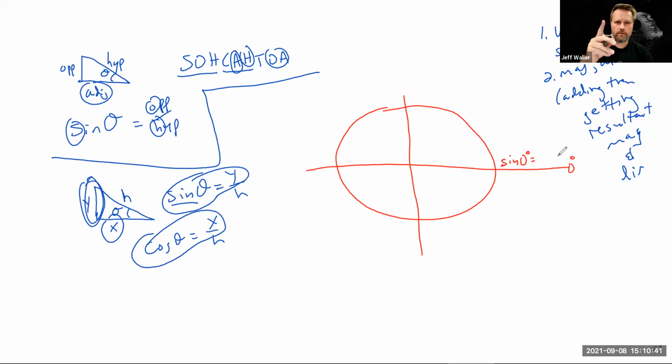So here, 0. 0, because sine likes y. Sine is related to the y piece. How big is the y piece at 0 degrees versus, let's say, 90 degrees?